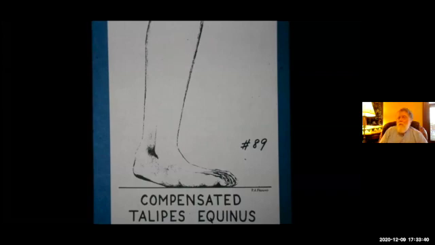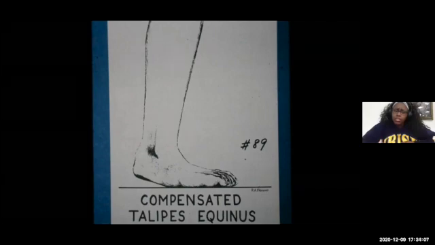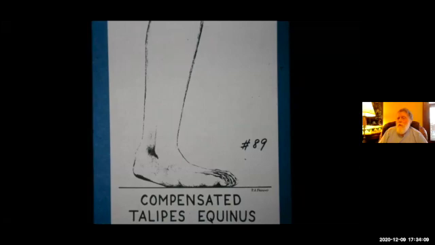So that can happen. Do you remember, where did Isiana go? Is she still there someplace? I'm here. Do you remember when we were talking about those Johnson and Chrisman articles, part 5 of that series, what happened with equinus to the first ray? I think it causes valgus rotation of the first ray. It causes valgus rotation, or it decreases the amount of, what does the peroneus longus do to the first ray normally?